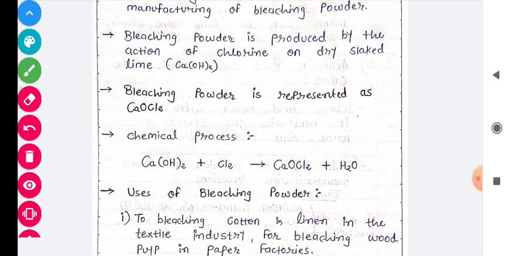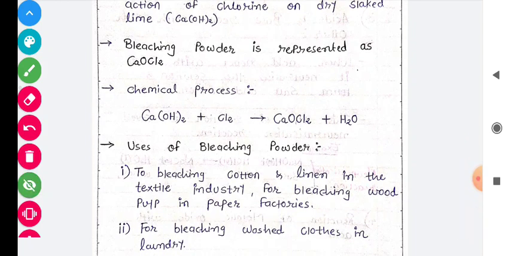So let us know how it is formed. So once we have the calcium hydroxide solution, which is known as dry slaked lime, and then after when we pass the chlorine gas from the calcium hydroxide solution, it will slowly make the CaOCl2, which is nothing but the bleaching powder.